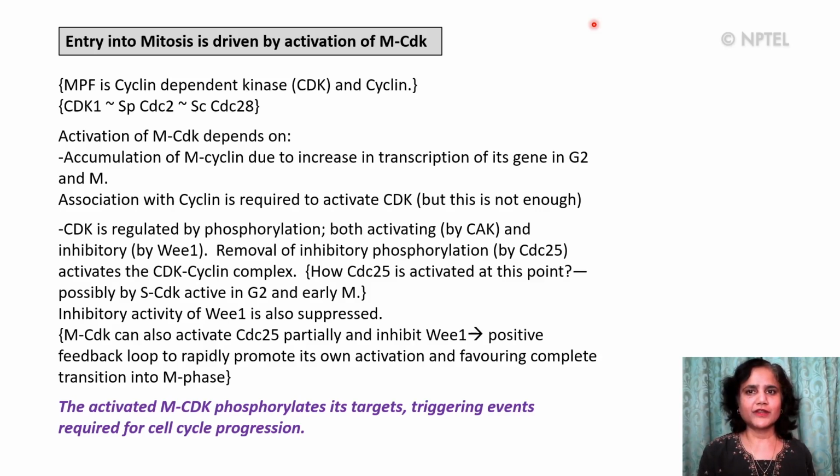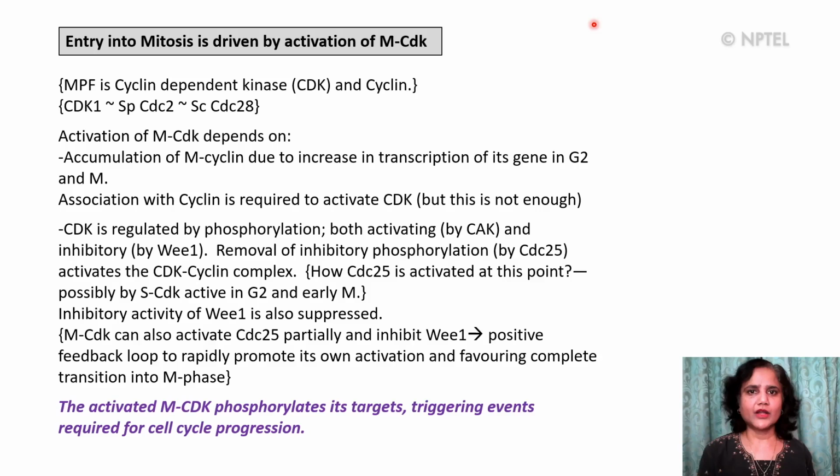Another interesting point is that mCDK can also activate CDC25 partially and inhibit Wee1. So this is a kind of a positive feedback loop to rapidly promote its own activation, and therefore it favors a complete transition into M phase.